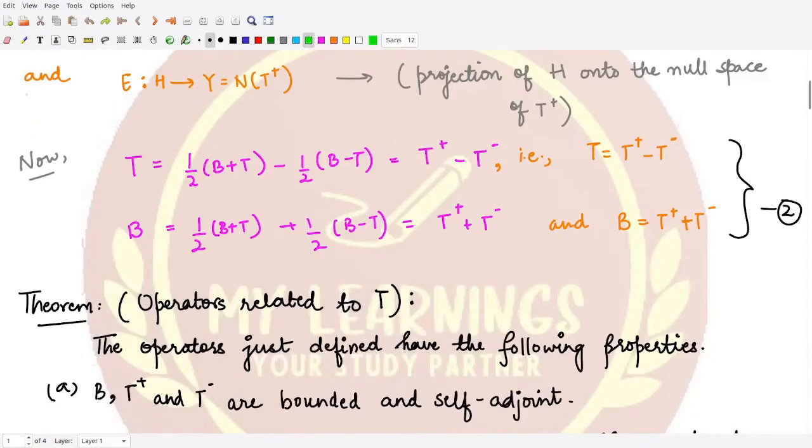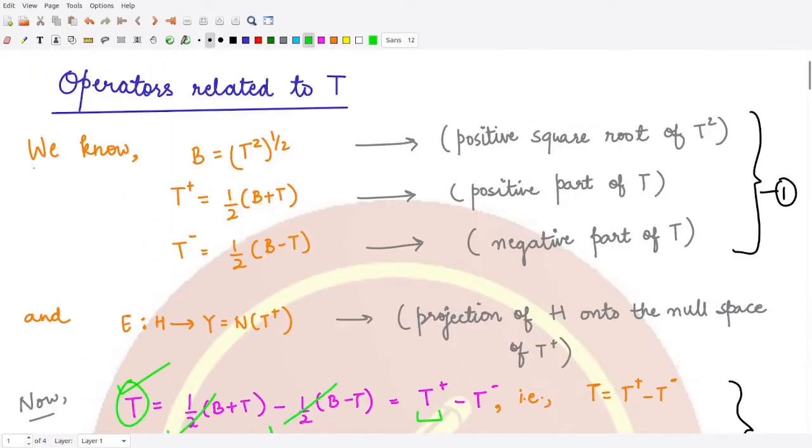So you could write T as half of B plus T minus half of B minus T. Why? Because the half B and half B cancel out with each other, and so you finally reach T. What is this first term? This is the definition of T positive, according to this definition here.